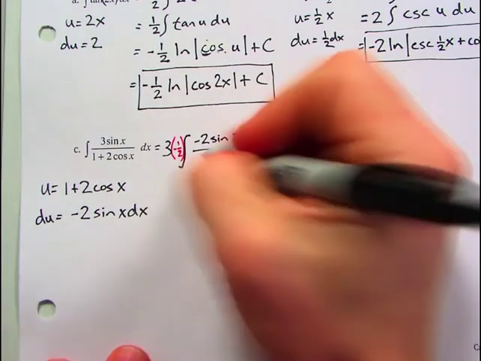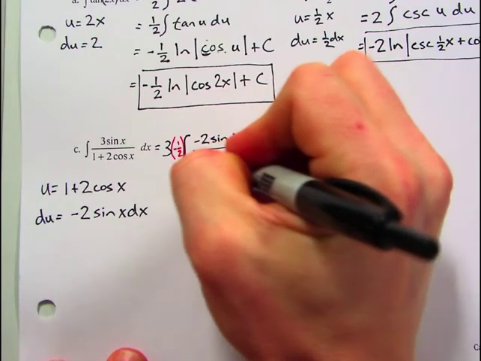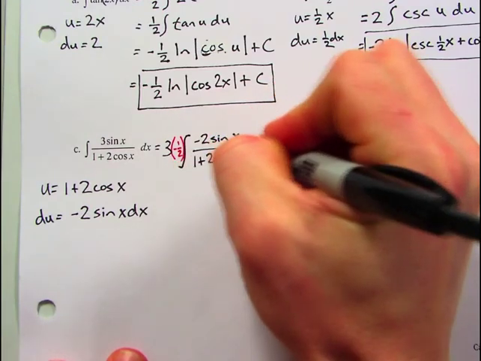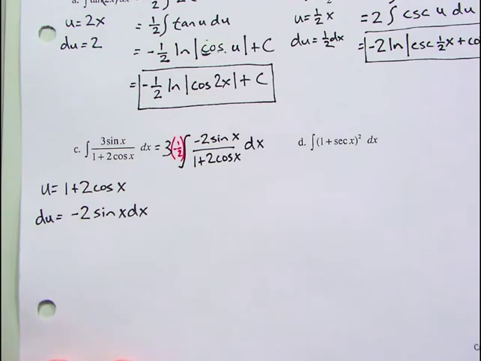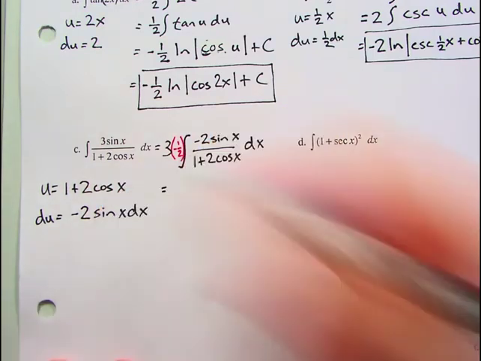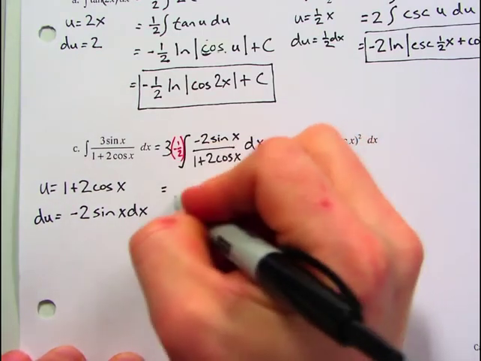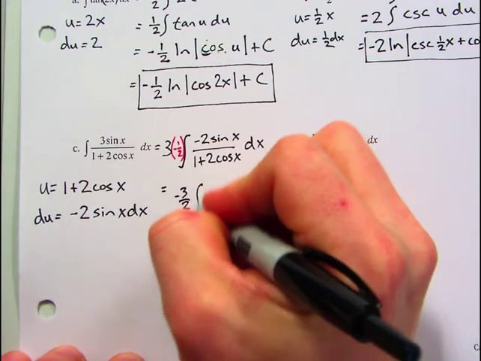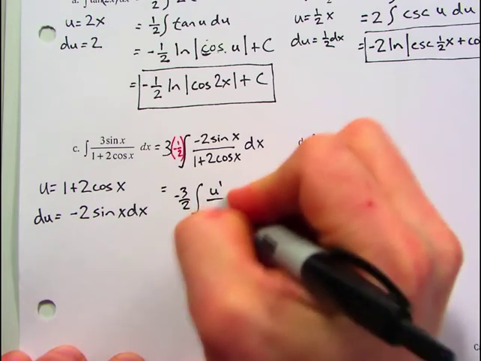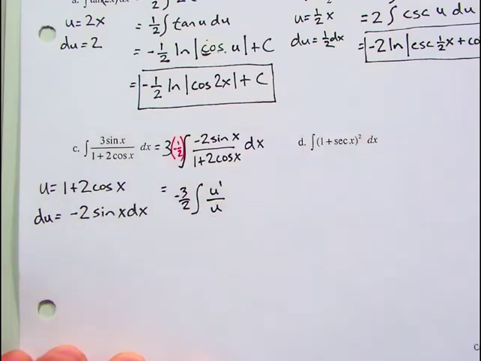Okay, and then on the bottom we still have 1 plus 2 cosine x dx. Now to solve this one, we have negative 3/2 times the integral of u prime over u. And this is what we were doing last time.